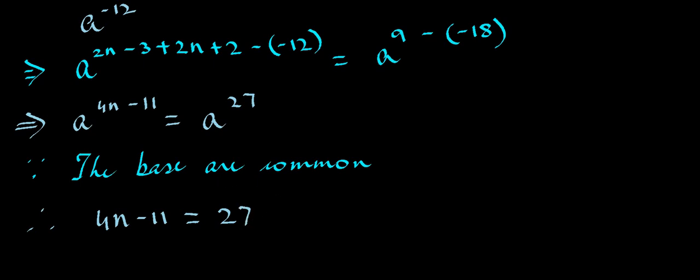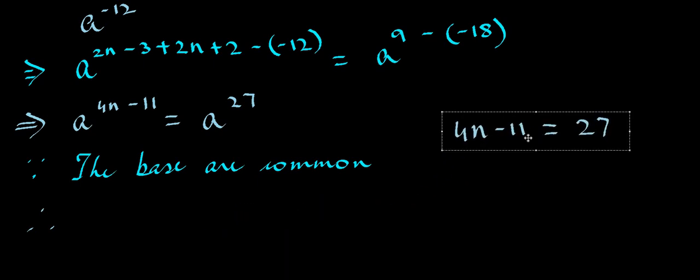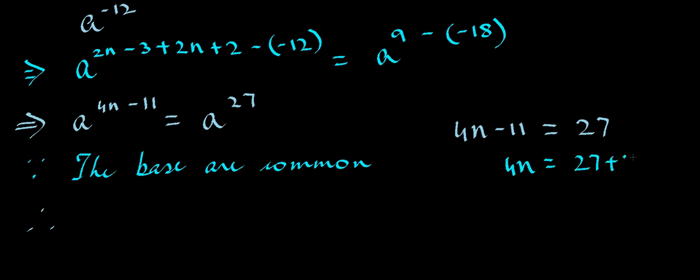Now children, I don't have space to do this working here, so I'm going to move this working a little to my right, and we can say over here, this implies that 4n is equal to 27 plus 11, no, 27 minus 11, because we had plus over there.